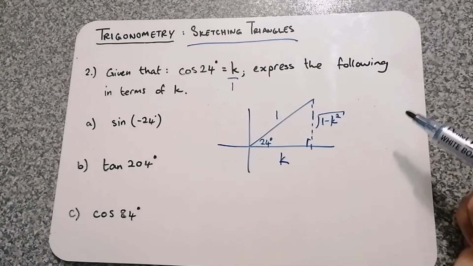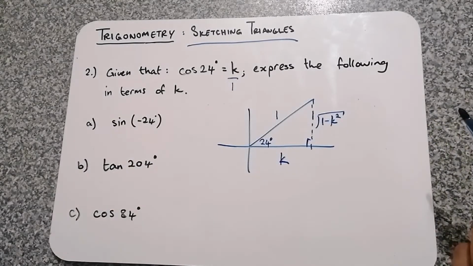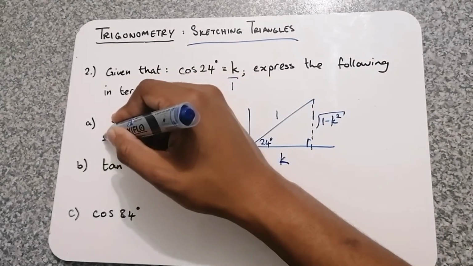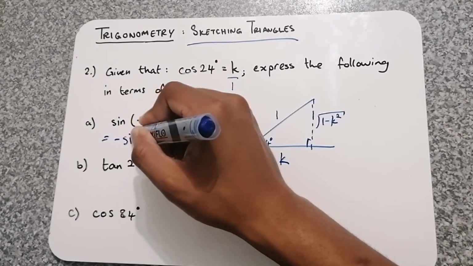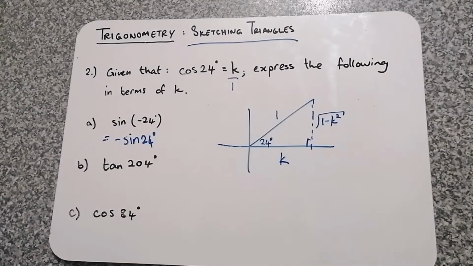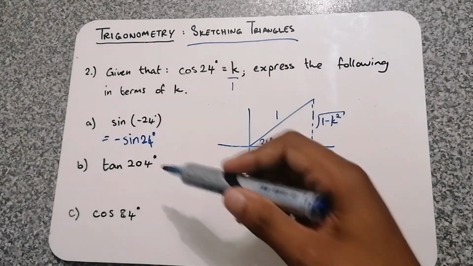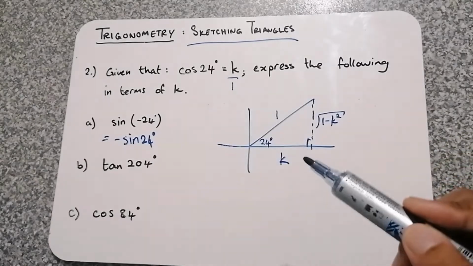So we just leave it like that. Now we'll answer our question. Sine of negative 24 degrees. First of all, if sine has a negative angle, then sine becomes negative. In fact, the only function that is positive with a negative angle is cos. Okay, so now we need to find out what is sine of 24 degrees.